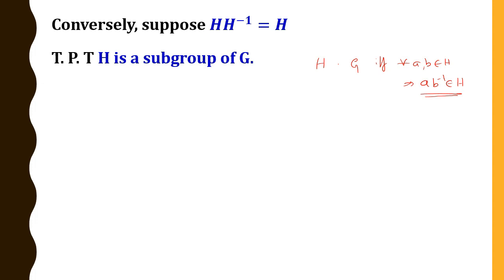We shall take two elements in H, and if we get ab inverse belongs to H, then we say that H is a subgroup of G. Okay, let us take two elements in H, say h and k.